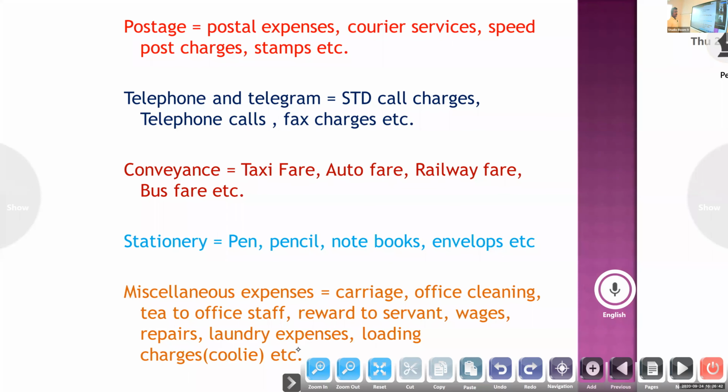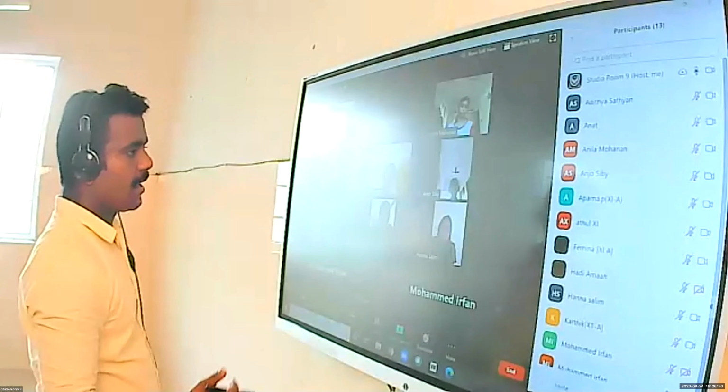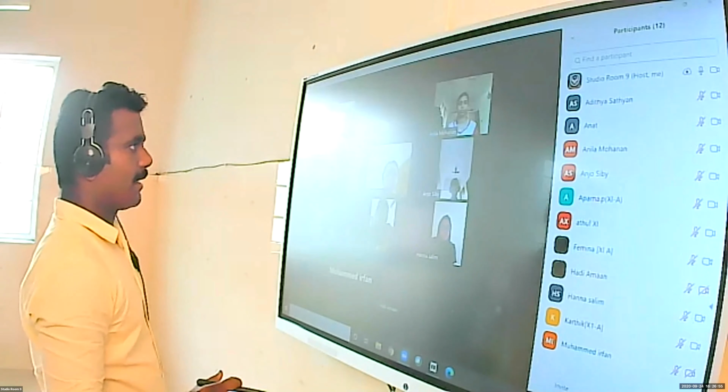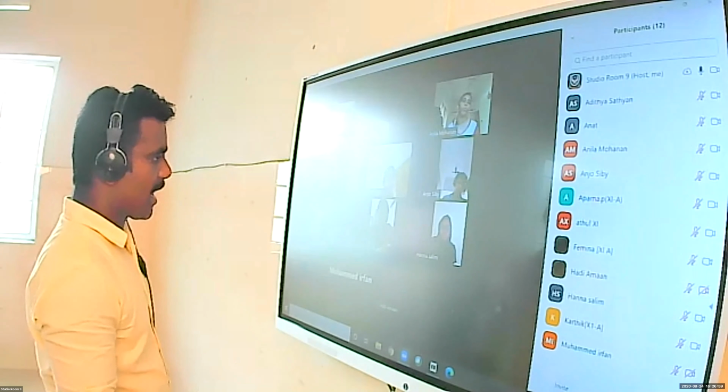Okay, so we will start the problem. One thing you have to remember, two entries are there. First entry, when a check is issued by the main cashier to the petty cashier, the entry will be petty cash account to bank or cash.